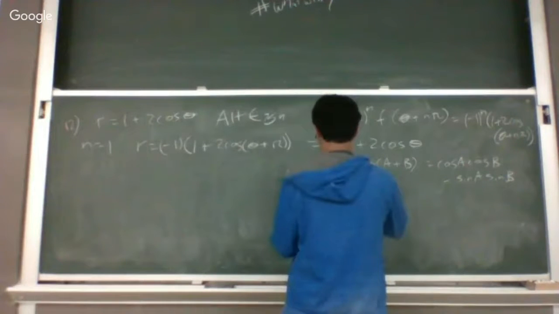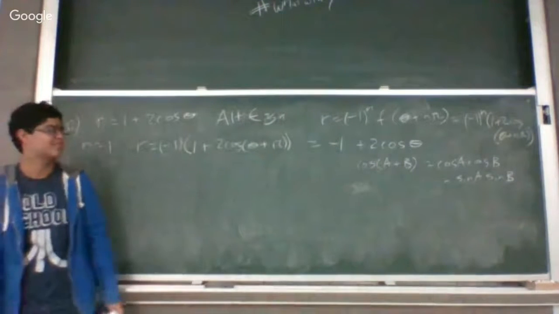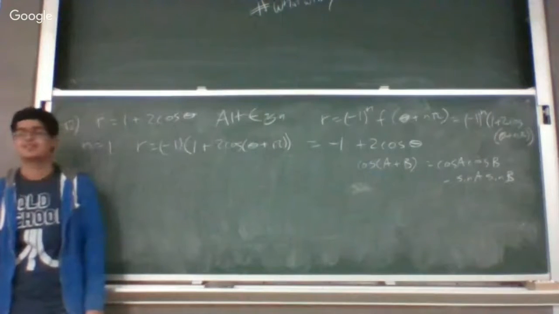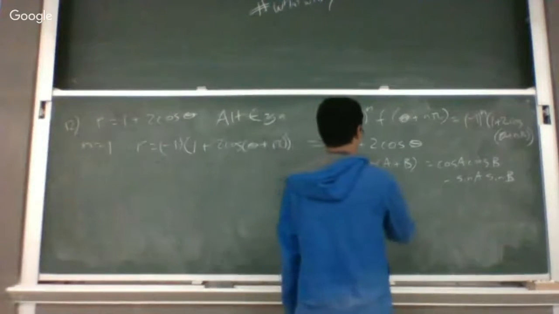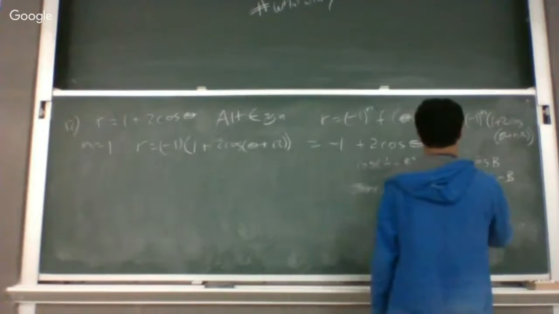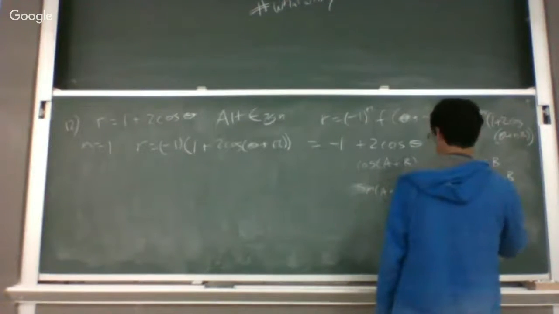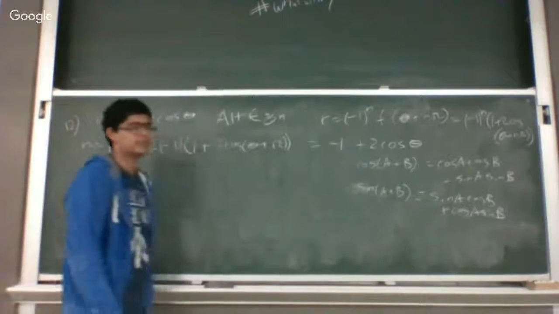That's right. And then for sine, you just flip the sign, and it's plus. Sine of a plus b is sine of a cosine of b plus cosine of a sine of b. There you go. Thank you.